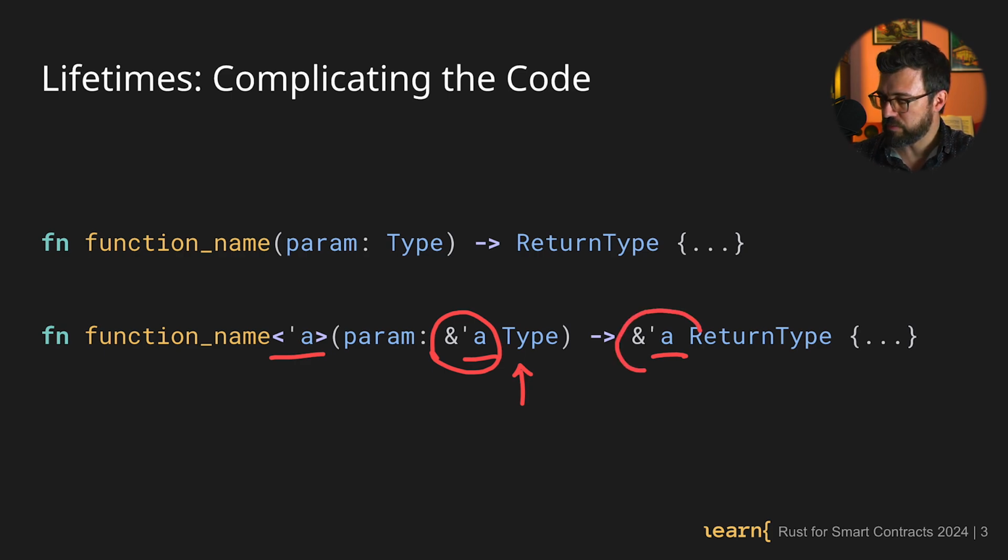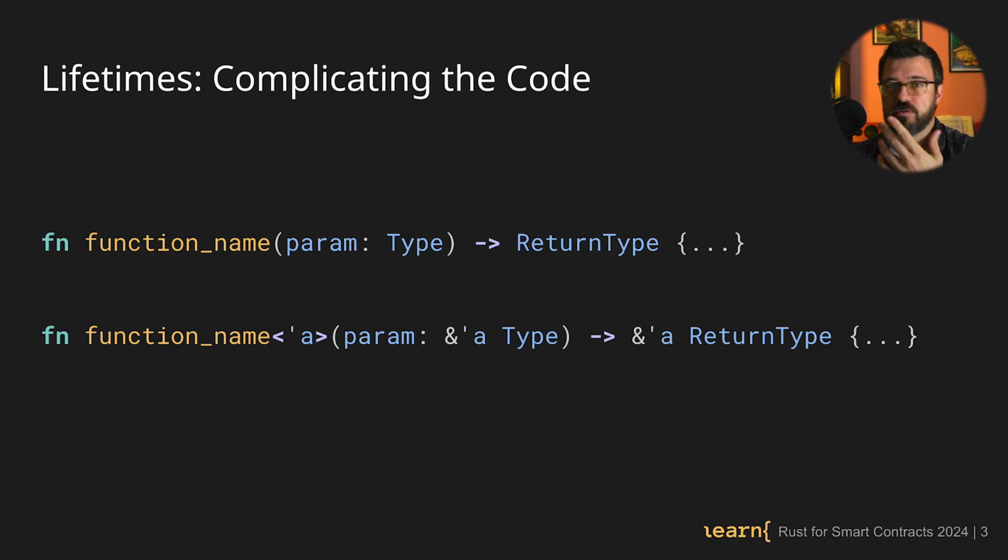We're saying that this returned reference lives also with lifetime A. It lives for the same amount of time as the argument here does. And we're hinting to the compiler because we've written code that's too complex for it to figure out otherwise.